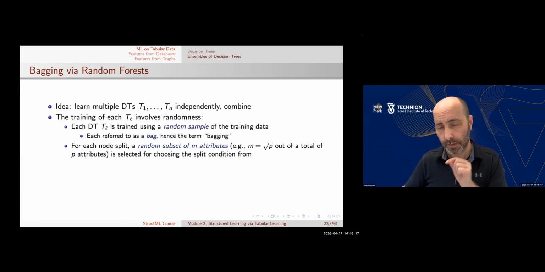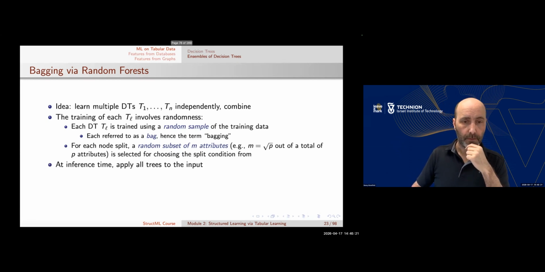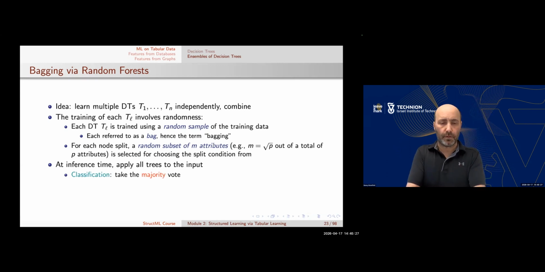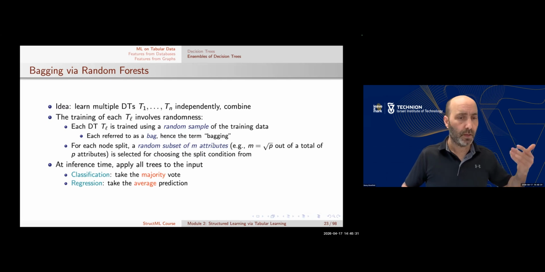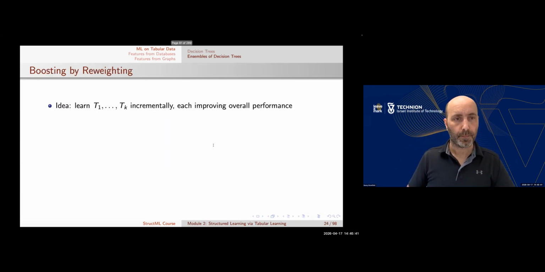This is the m that we saw in the previous slide. Okay, now at inference time, we apply all of the trees to the input, and then we need to make a decision. If it's a classifier, then we can take the majority vote. If it's a regression model, we can use the average or the median. Okay, so you can think of various ways of aggregating different opinions.